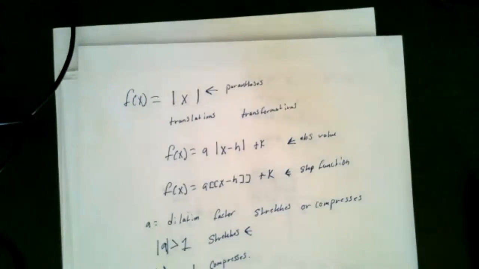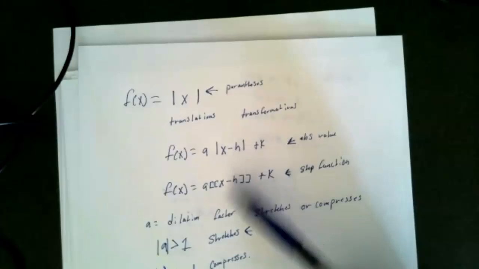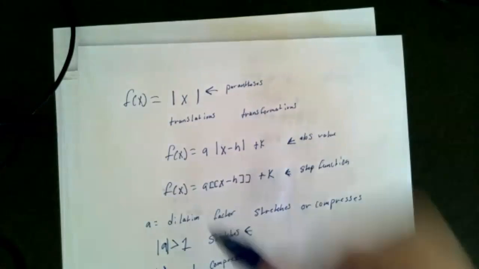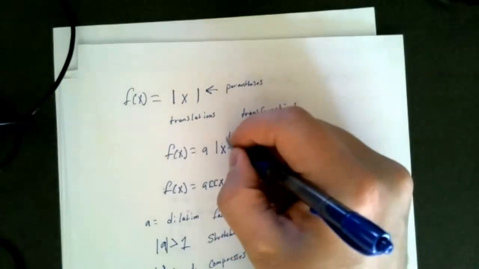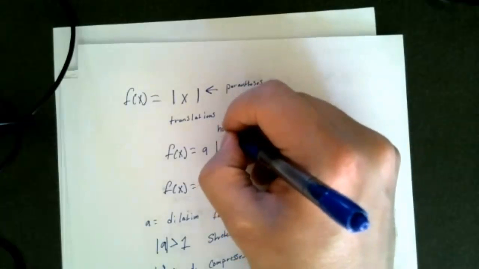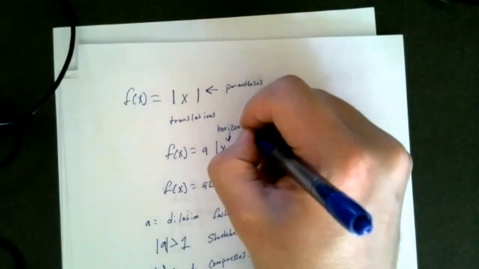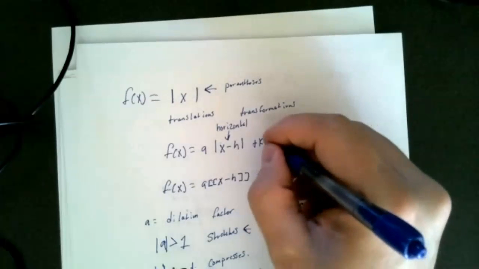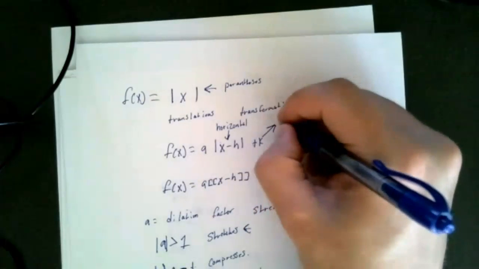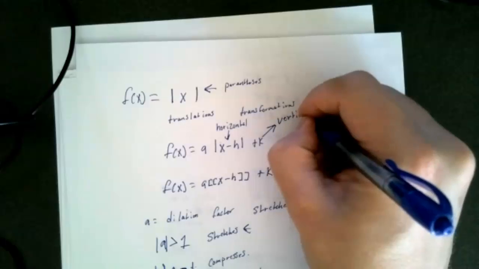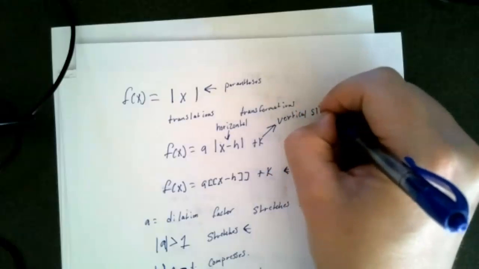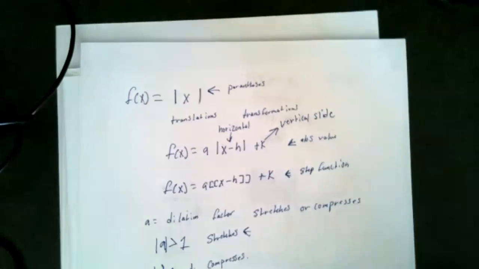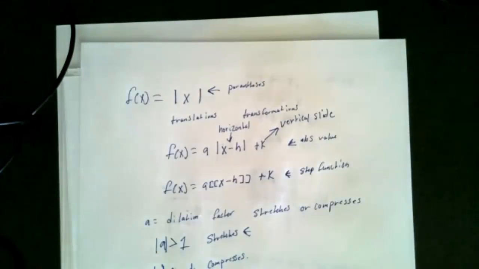Okay, h and k. H, since it's on the inside, is a horizontal slide. K, since it's on the outside, is a vertical slide. For h, it's always set out to be a minus in terms of the horizontal slide.